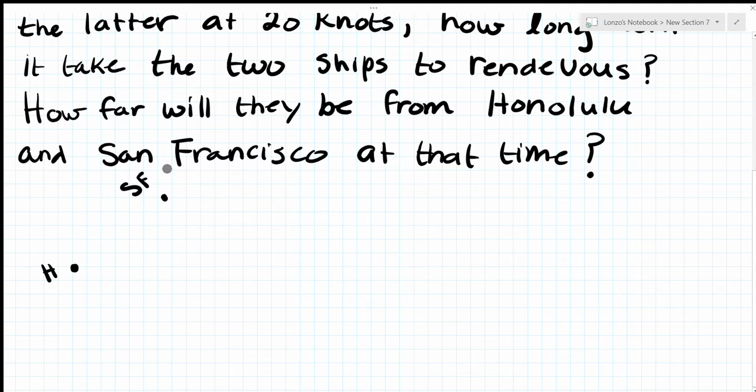So this is San Francisco, this huge land. And then the distance from there is a total of 2,100 miles. So from here to here is 2,100 miles.